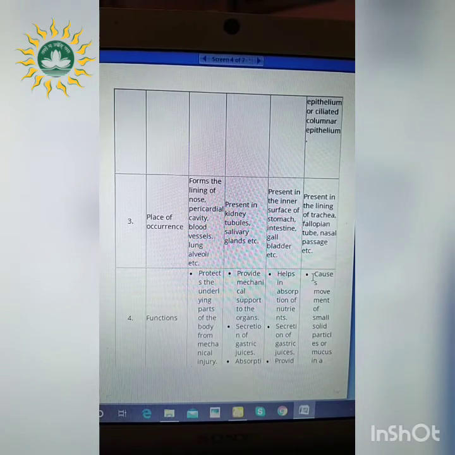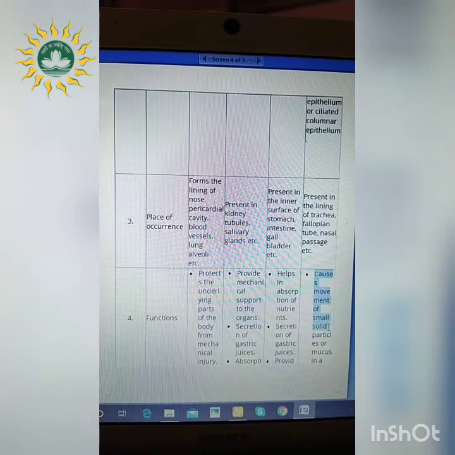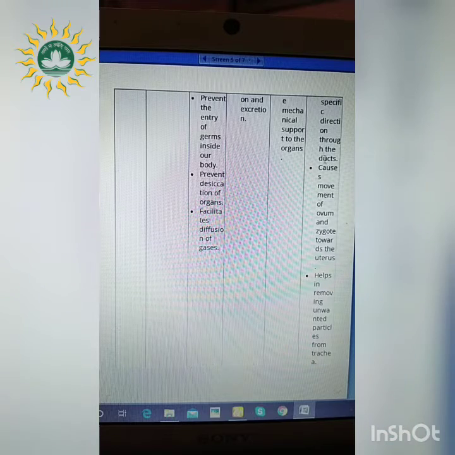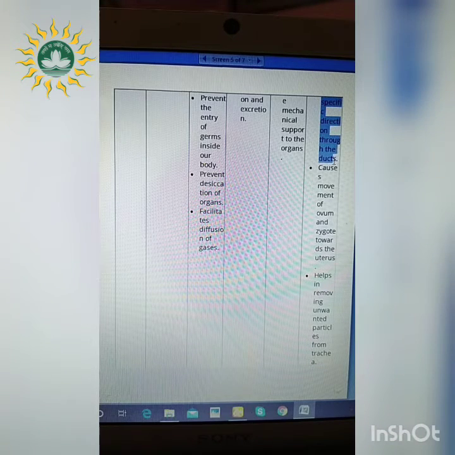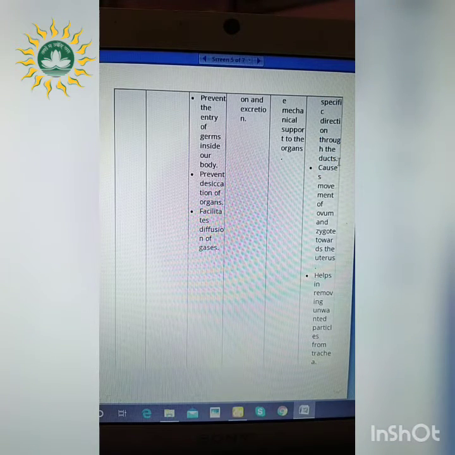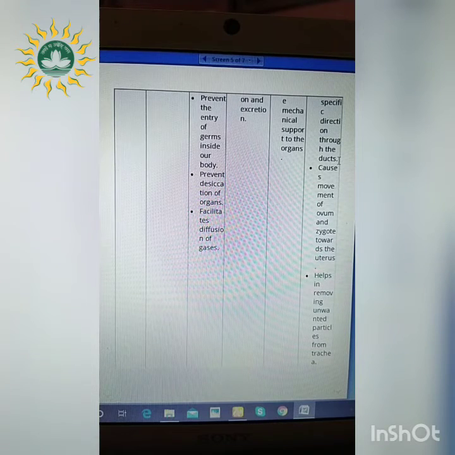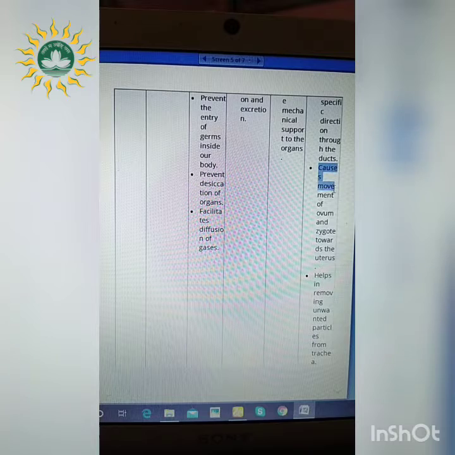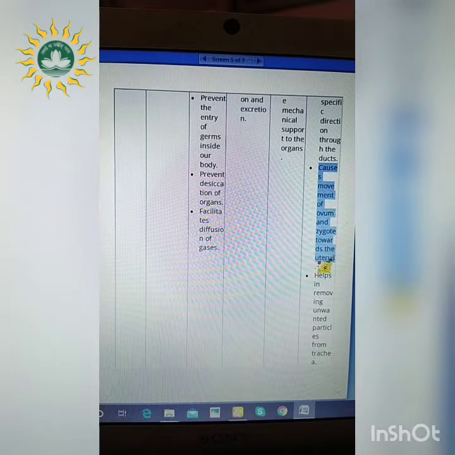The fourth one, that is ciliated epithelium. It causes movement of small solid particles or mucus in a specific direction through the ducts. There are some ducts which are present, and as I have mentioned, there are some cilia which help in the movement. Secondly, it causes movement of ovum and zygote towards the uterus.